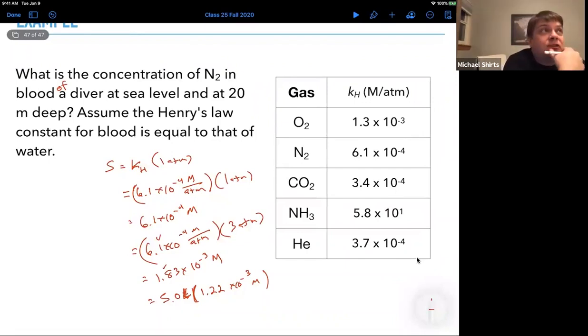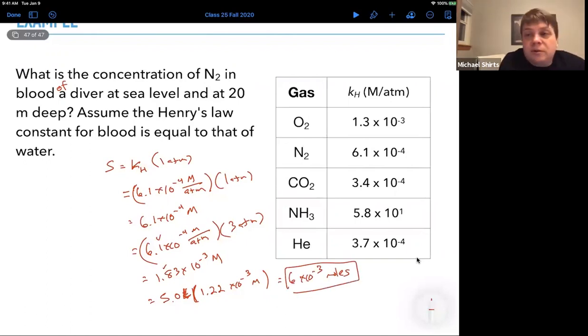Because essentially 2/3 of the nitrogen is in excess. You're only supposed to be able to have 1 of those. So now you have 2 of these spare floating around. So that ends up being 6 times 10 to the minus 3 moles of nitrogen in your blood that does not want to be in your blood. It wants to be gas.